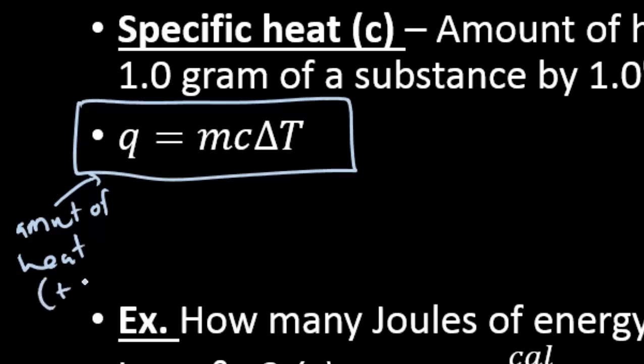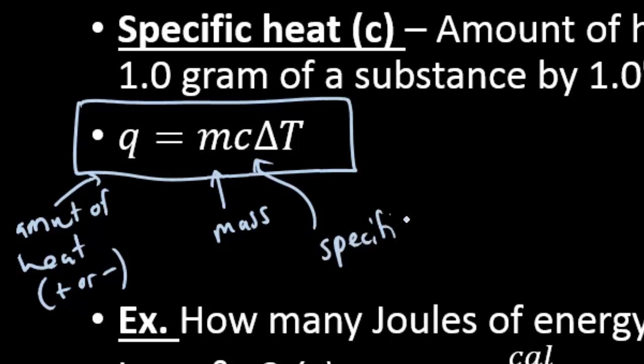This can be positive or negative, depending upon our change in temperature. M is the mass of that specific object we're talking about. C is the specific heat, also known as the specific heat capacity.